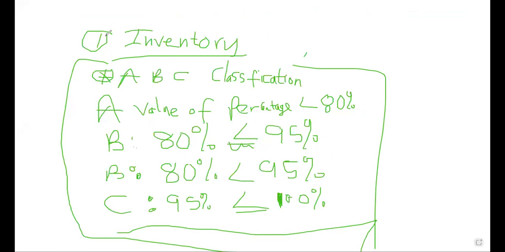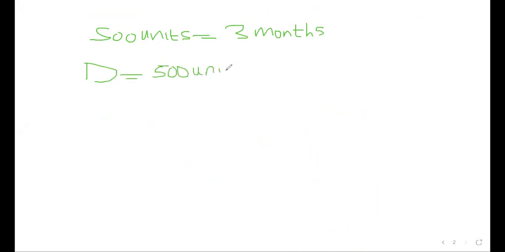So 500 units. This one is for 3 months. So meaning the annual demand would be 500 units, then multiplied by 4 quarters in a year.